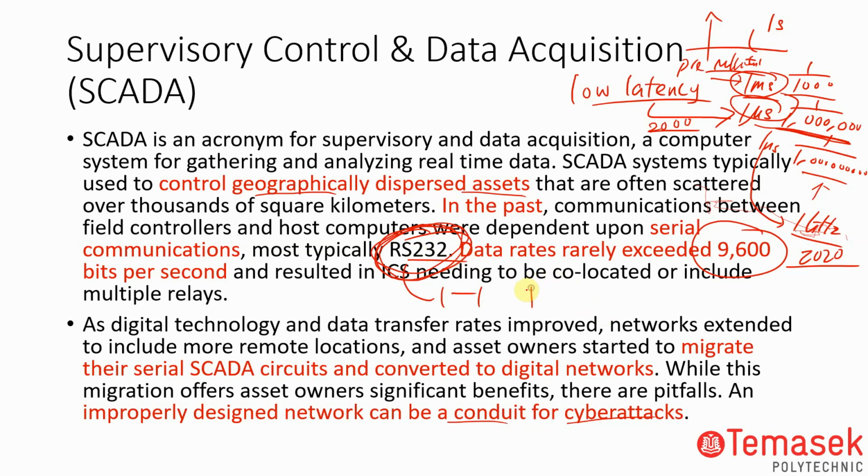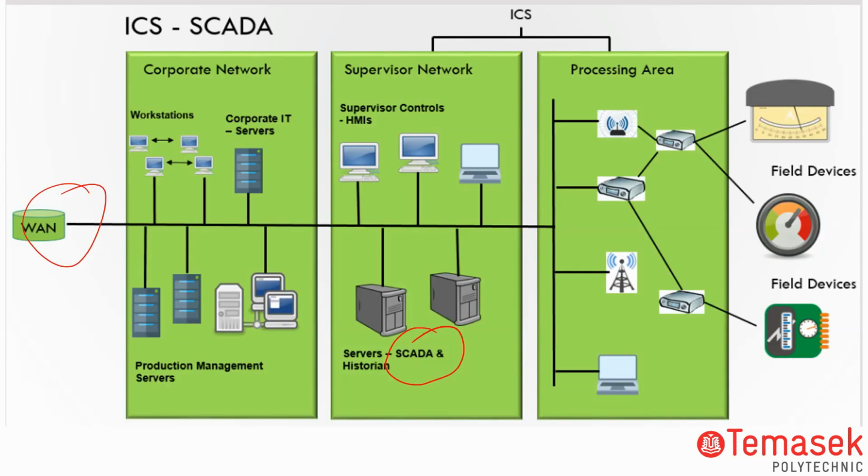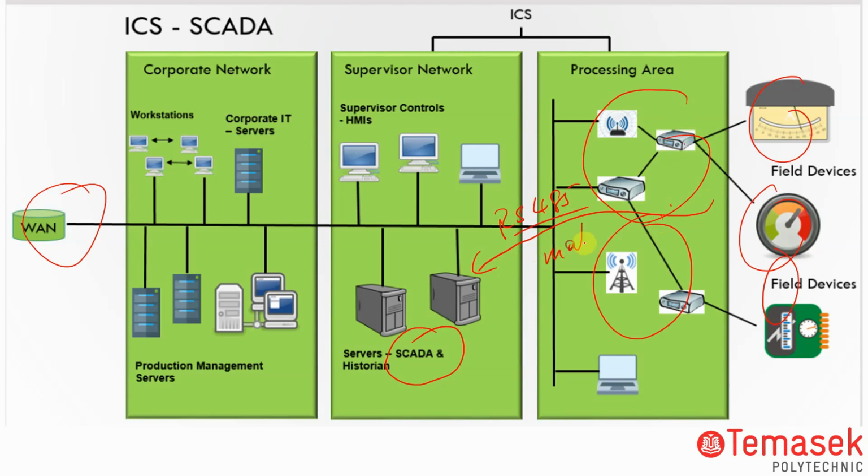A lot of them are RS-485, which allows what you see here to be possible. A lot of this is in the process area. All this process area equipment is connected to the machine through RS-485, which is what we call a multi-drop system.